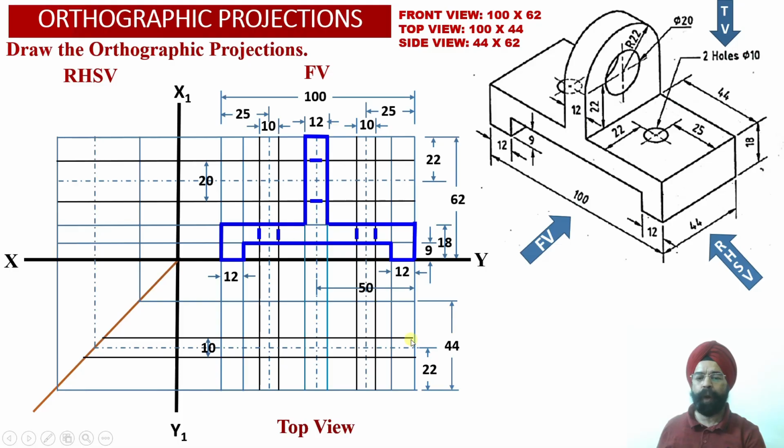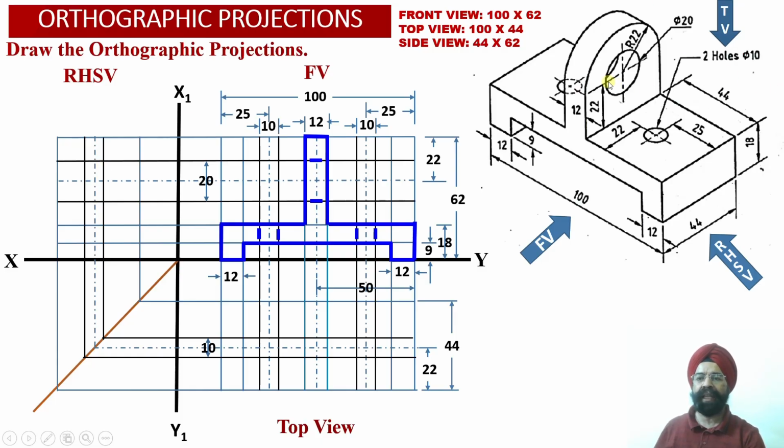So now having obtained these two black horizontal projector lines into the top view projections, now we need to transfer these two black projector lines corresponding to the two holes in element number 1 into the right hand side view projections over here. So this way, using this transfer line, this dimension of 10 millimeter corresponding to these two hole diameters has been appropriately obtained into the right hand side view projections over here.